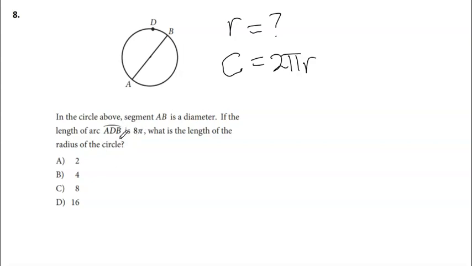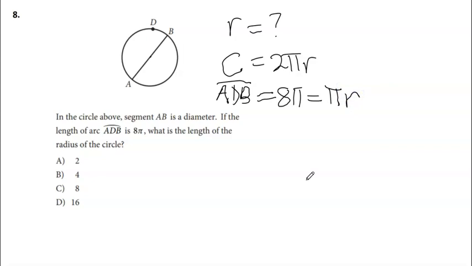And here it says ADB. ADB is the arc. So arc ADB is half of the circumference. We're given as 8 pi. But we know the whole circumference is 2 pi r. So half of it, which should also be equal to this, is going to be what? We divide 2 pi r by 2, and we're left with pi r.